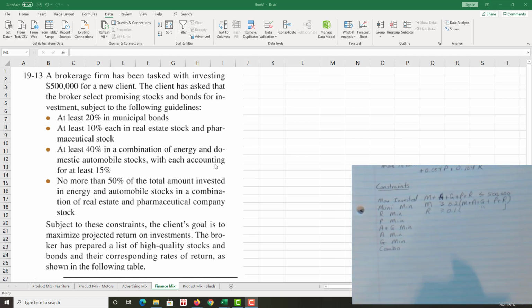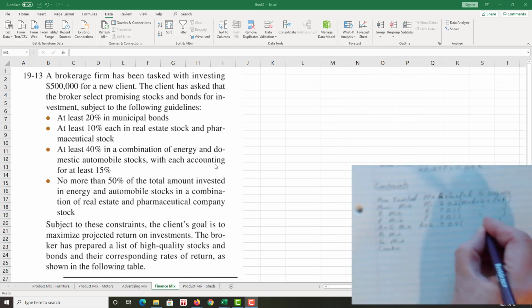P min, same kind of restriction. P greater than or equal to 0.1 times, again, total amount invested. A plus G min, A plus G min meaning greater than or equal to 40%. Okay, 0.4, again, times amount invested.